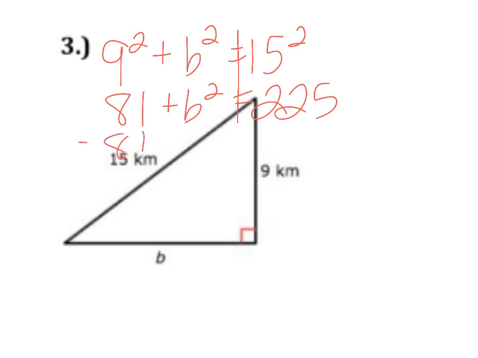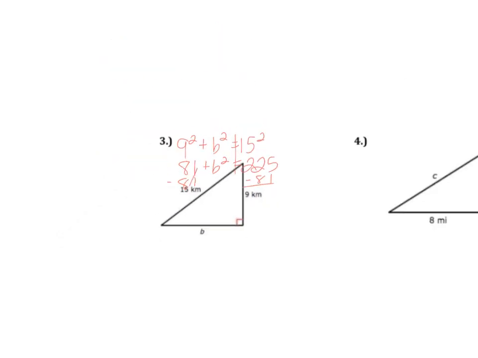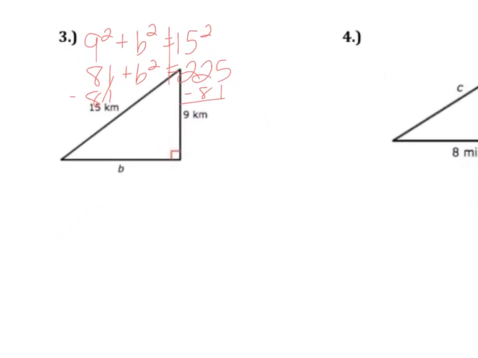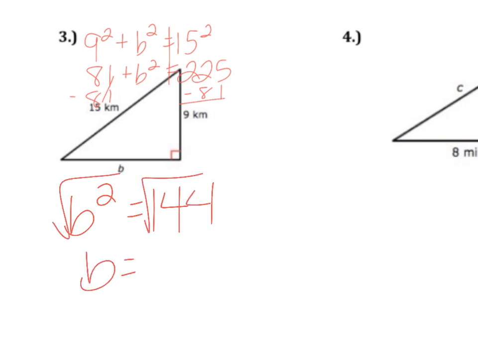So we're going to subtract 81 from both sides, and I'm running out of space. I'm going to kind of zoom down a little bit. So we end up with b squared now equals 225 minus 81, which is 144. And then to finish, we'll square root both sides to get b equals 12 kilometers.